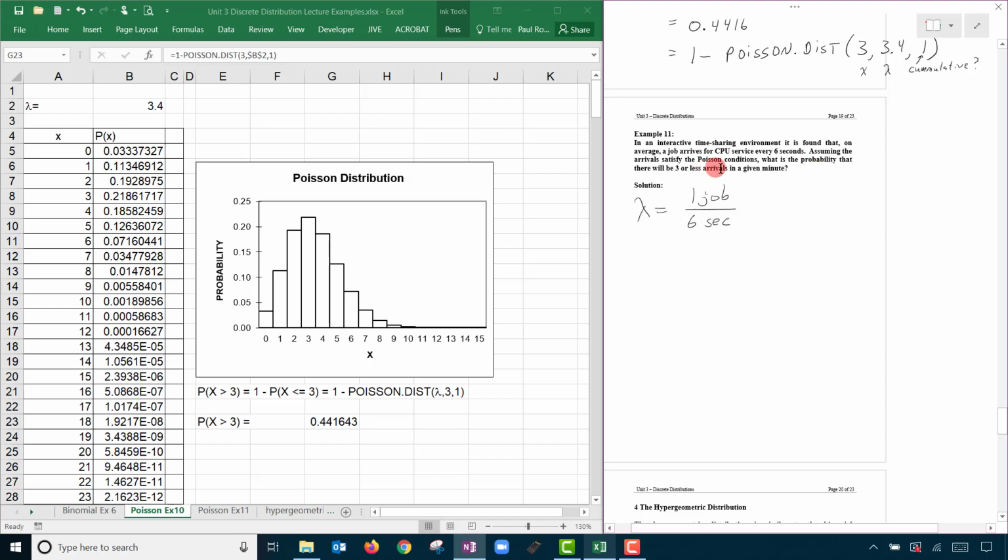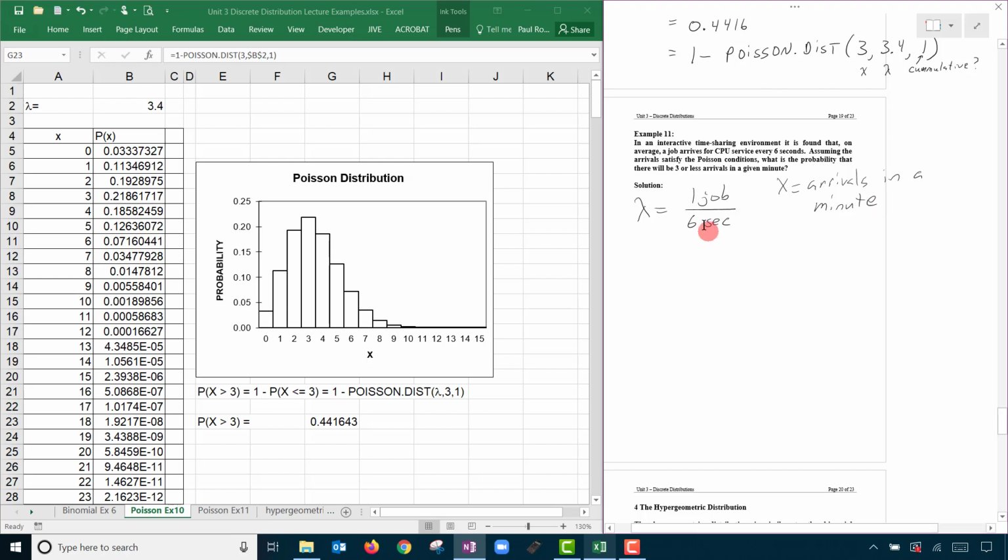Assuming that arrivals satisfy Poisson, what is the probability that there will be 3 or less arrivals during a given minute? So our variable is arrivals during a minute.